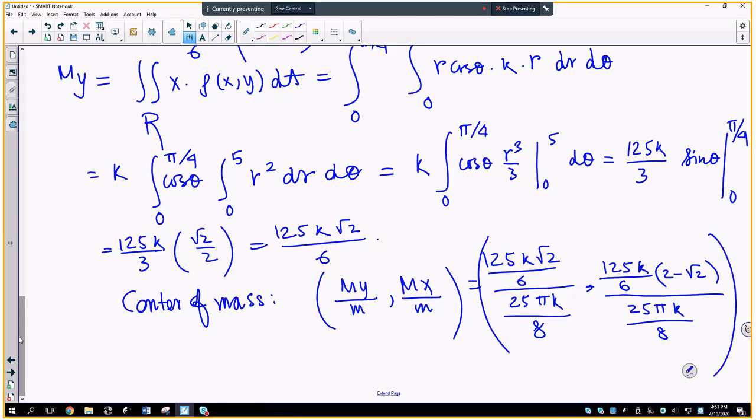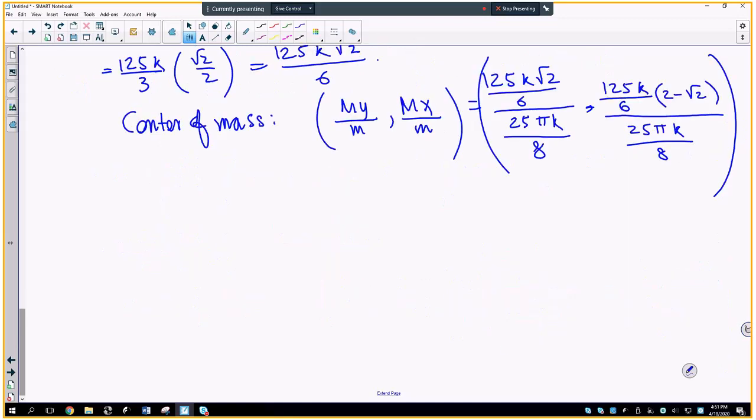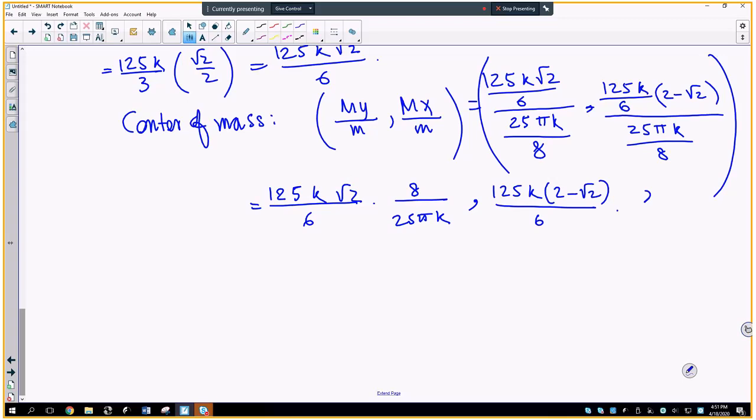So we're going to simplify this quantity and we will have the answer to the question for finding the center of mass. So I can go ahead and write it as 125k square root of 2 over 6 times 8 over 25 pi k, that's the x coordinate, comma 125k times 2 minus square root of 2 over 6 times 8 over 25 pi k. That's the y coordinate. So after cancellation, I get, see the k and k cancel, 25 cancels, 125 gives you 5.